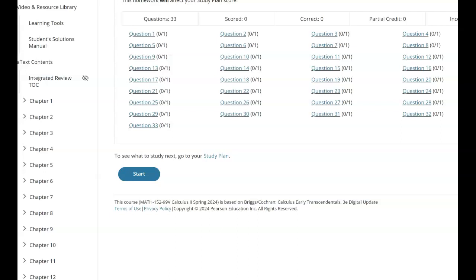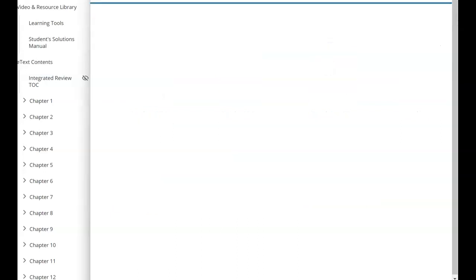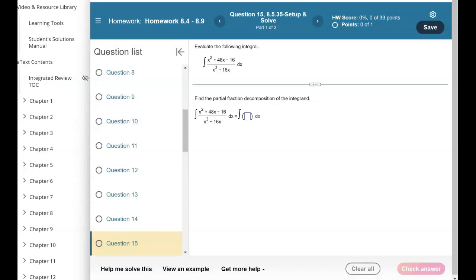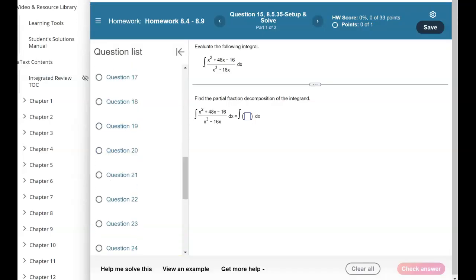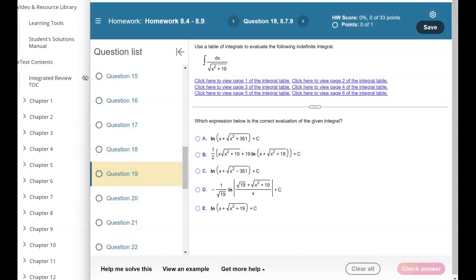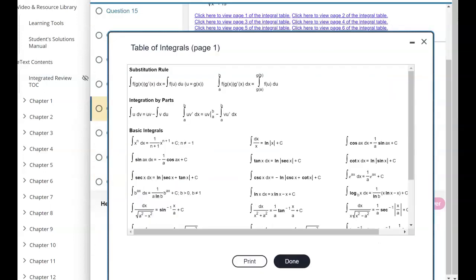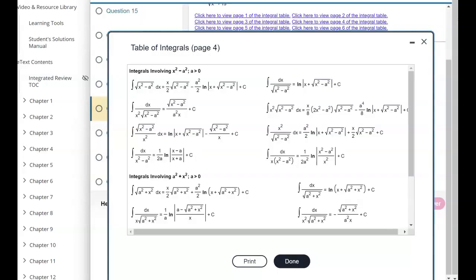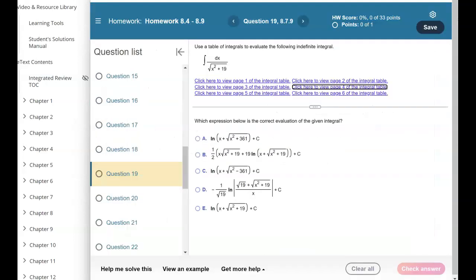What would you use to solve this? This is all the integration problems. Let me find the ones that deal with 8.7. All right, that's 5. So let me go down a little bit. Yep, here you go. It allows you to pull up the integral tables right there while you're doing the MyMathLab problem. It's just like, which expression is correct based on the table.